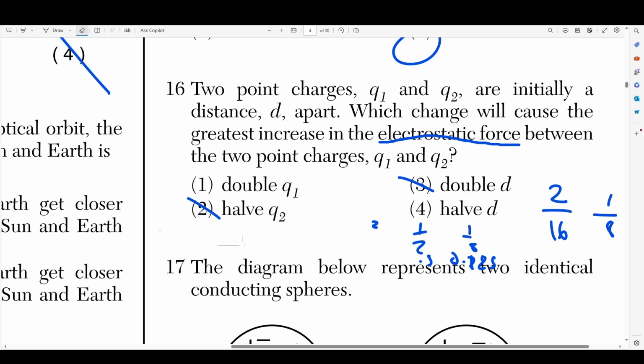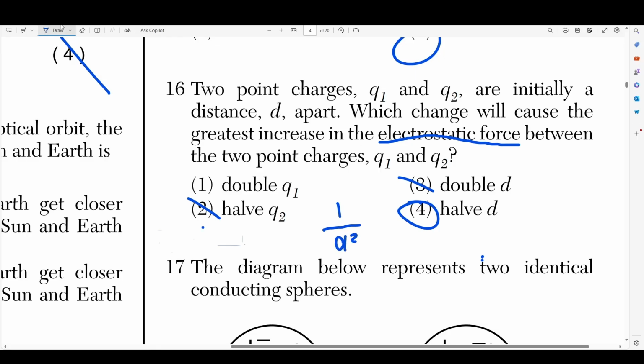Okay, so now that leaves us with either doubling Q1 or halving d. And the answer here has to be halving d, right? Because d is squared. And if you halve d, you're dividing by a smaller number, which means that you're going to have a larger output, right? For example, let's say that kQ1Q2 is equal to 1. 1 divided by d squared. Let's say our d was originally 1.